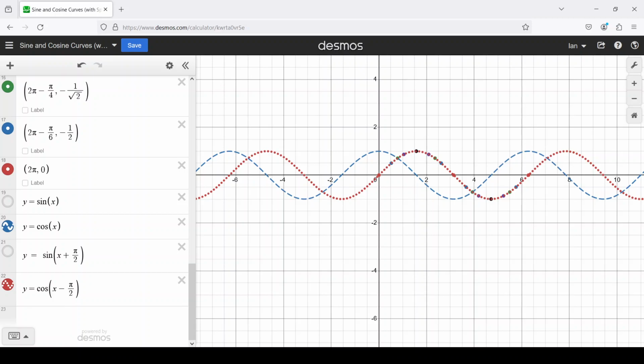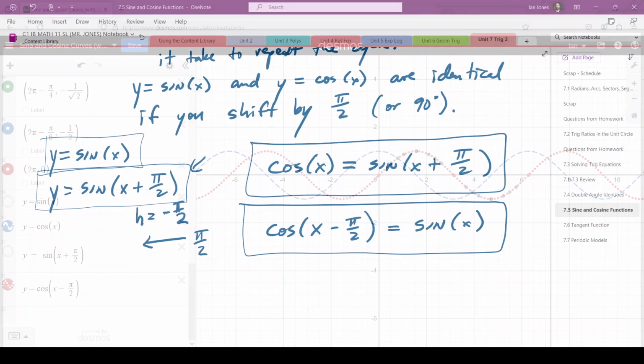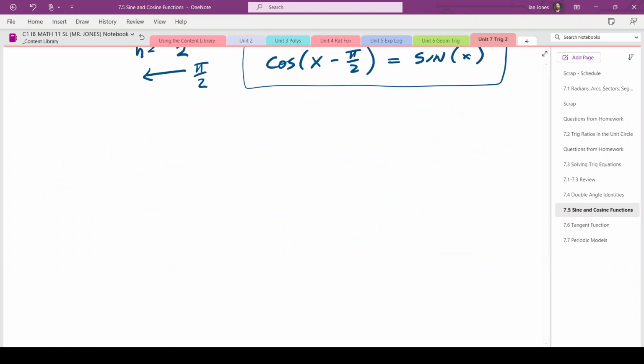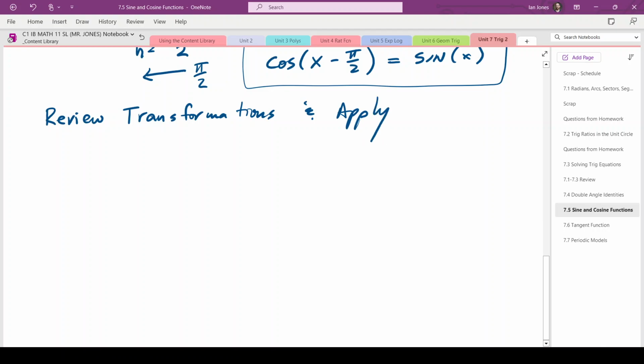Okay, so now what we're going to do is we're going to take a look at sine. Let's start with sine, and look at transformations that we can apply to this function. Okay, so we're going to review transformations, and we will apply them.